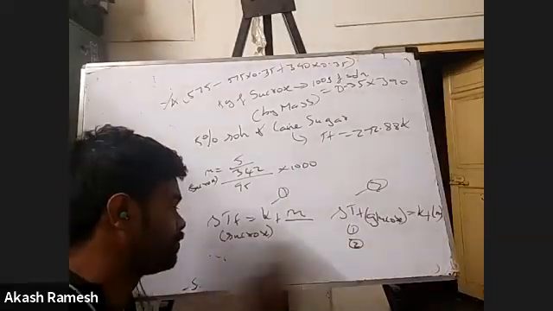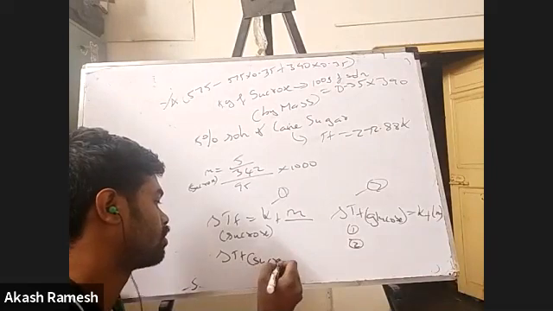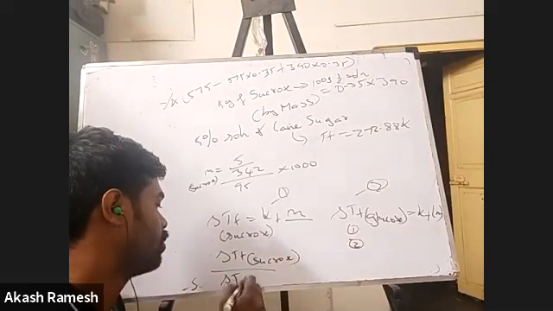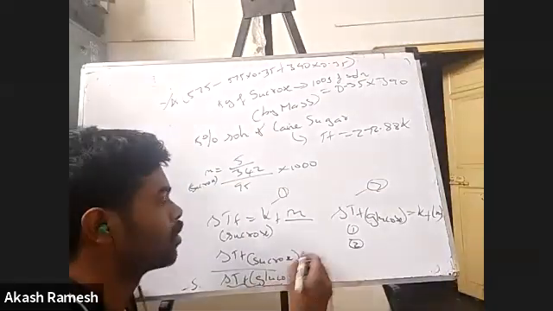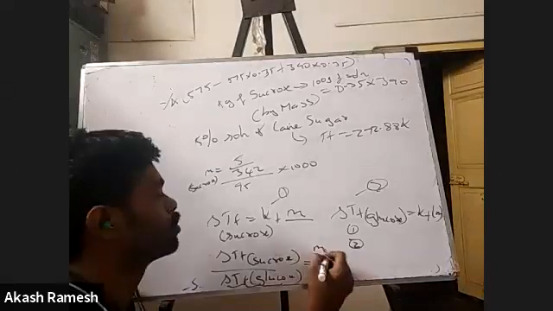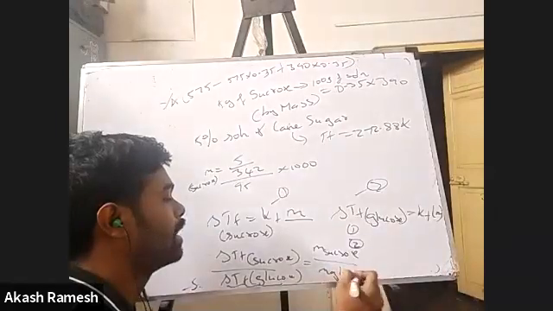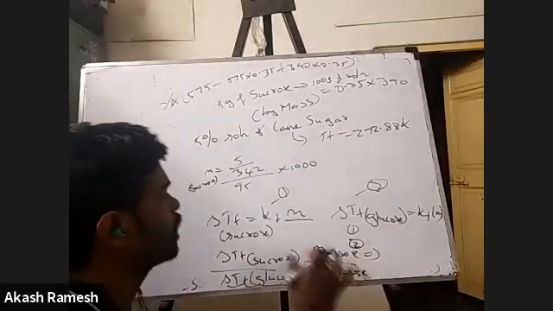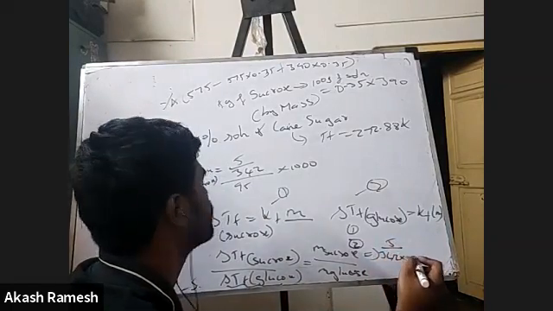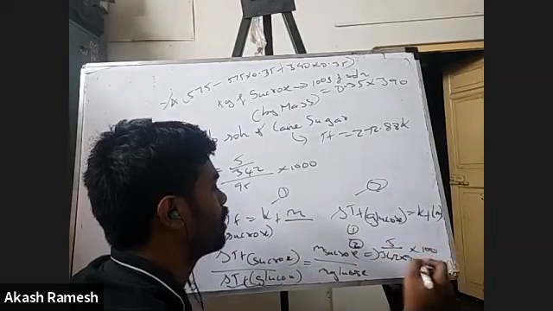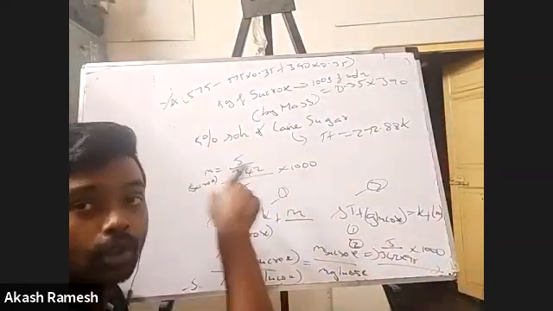So now delta Tf of sucrose divided by delta Tf of glucose, which is what we need to find, is equal to molality of sucrose divided by molality of glucose. Now we have calculated the sucrose part: 5 divided by 342 into 95 into 1000, divided by the same for the 5% glucose solution.